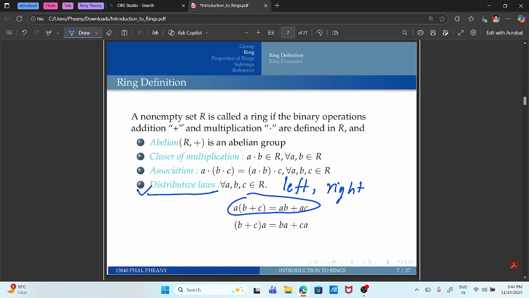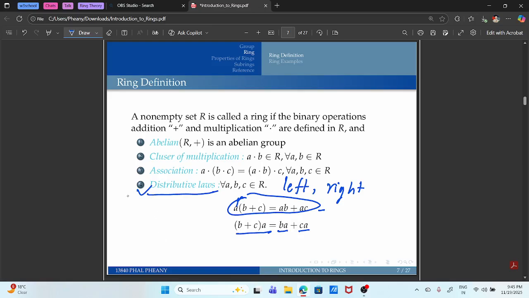This is called the left distributive law because A is on the left side of the addition. Here is the right distributive law: (B plus C) times A is equal to BA plus CA. This is the distributive law on the right side. I think most of you are clear about that.